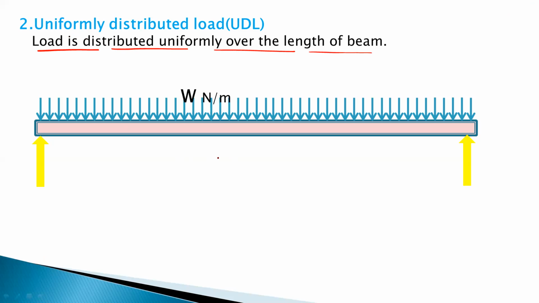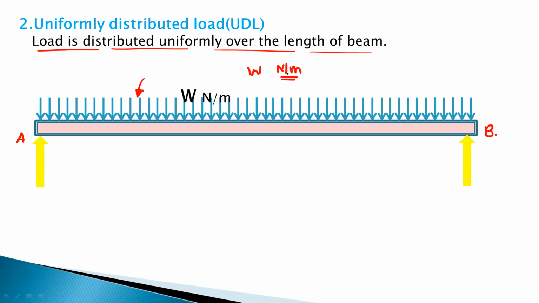You can see here in the example, this is the beam AB, and this is the UDL. The UDL is represented as W, and its unit is Newton per meter.